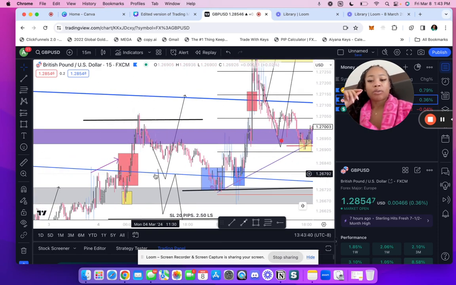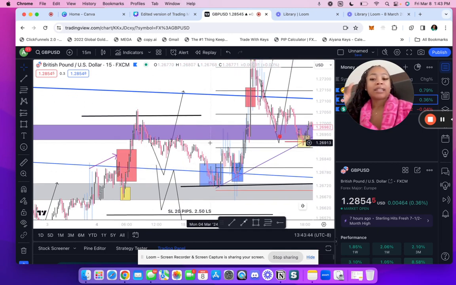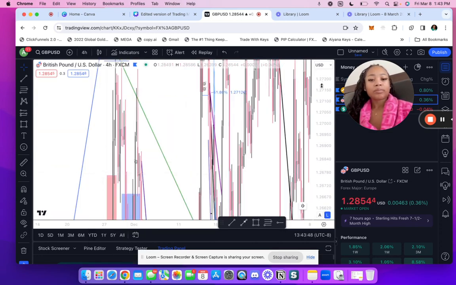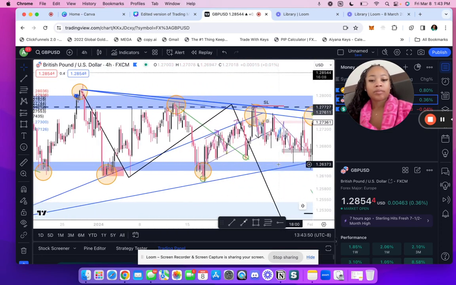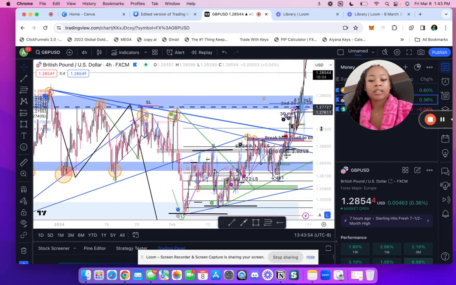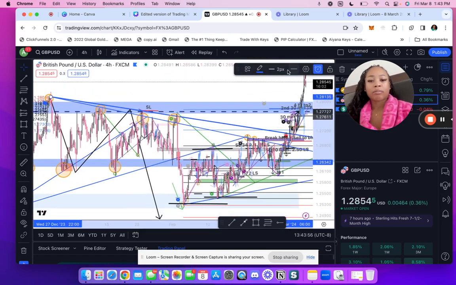So once it broke through this trend line right here, I knew we were going up for buys because looking at the higher time frame, this blue trend line right here, I'll make it bolder, was holding price down. So you can see every time price came to this blue trend line, it pushed down.